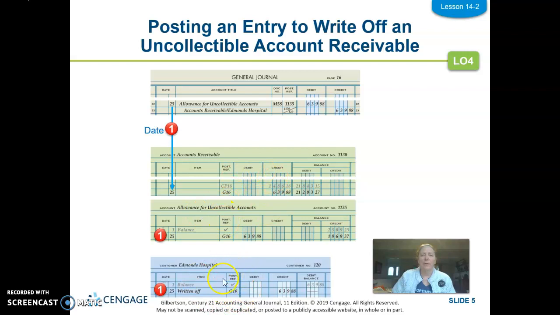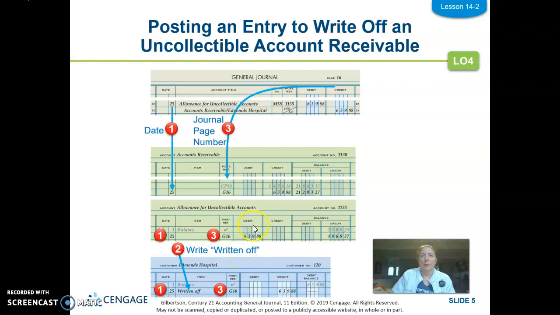The blue is the subsidiary ledger. So we put the date down there for accounts receivable and the allowance and in the subledger. The only difference is in this subledger we write written off so as to specify what we've done, that it's not just a normal entry and they paid us, it's that we're writing it off.